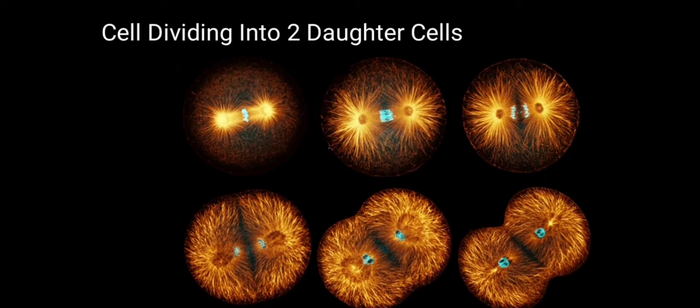So in this picture we can see a cell dividing into two daughter cells along with the copied DNA. In the beginning we can see a single cell with a single copy of DNA, and this DNA gets replicated or copied as it is getting divided, and ultimately we can see two daughter cells, each with a copy of DNA.